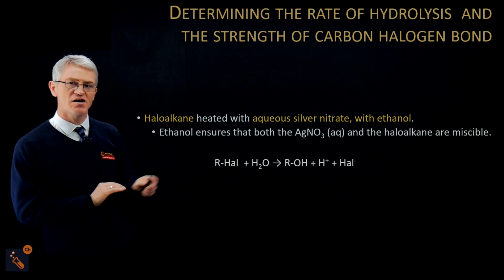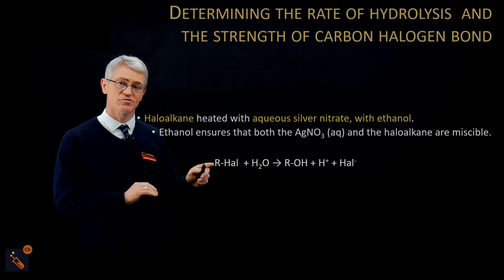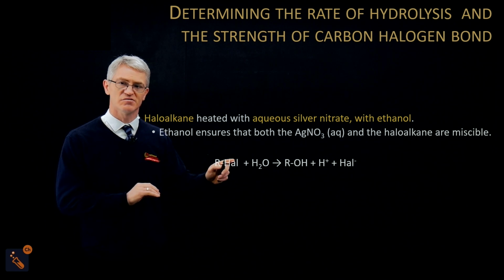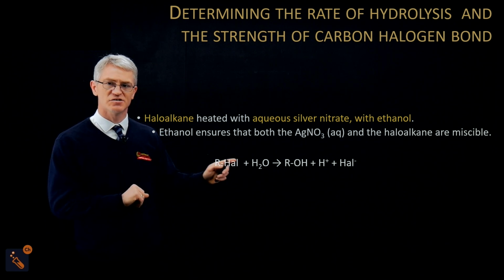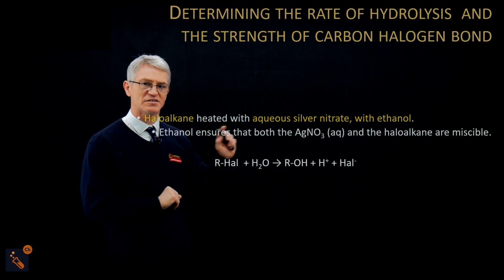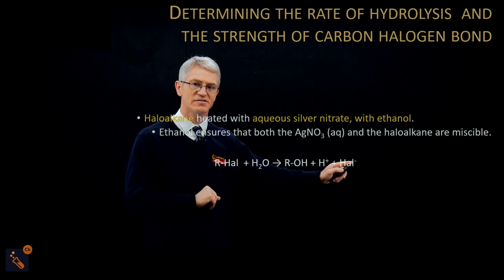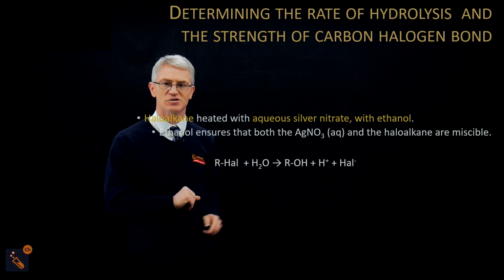Now, our hal is an alkane group or alkyl group connected to a halogen. So hal stands for halogen. You see the water substitutes in, makes an alcohol. You get the halide ion right here, and you get a H+.